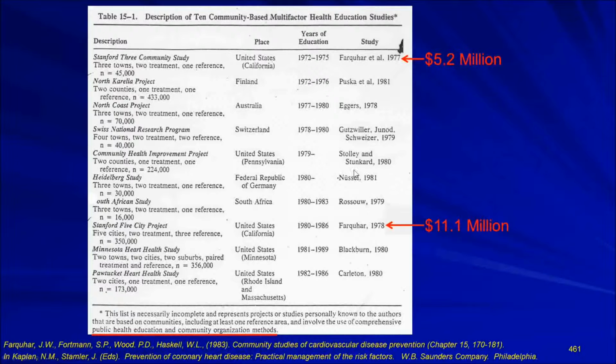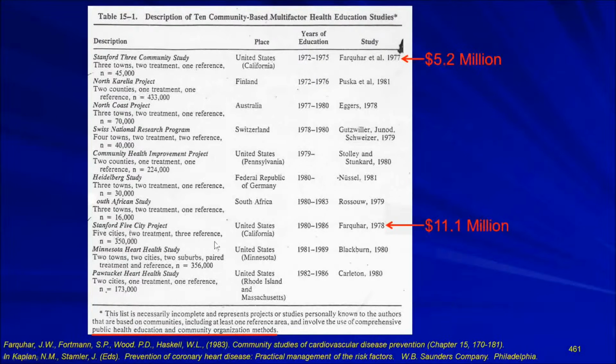Now, these are some of the famous early community trials that went on, and you can see that they went on across the world. Stanford was the first, and you can see the dates, and you can see the amount of money that we got in late 1970s dollars. It was a very expensive study at $5.2 million.